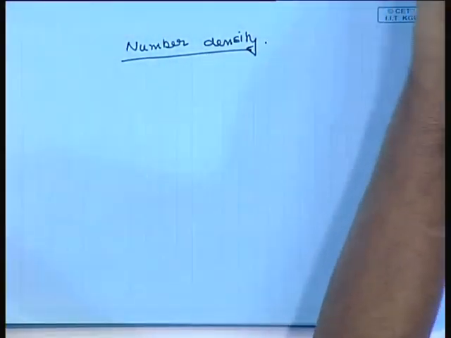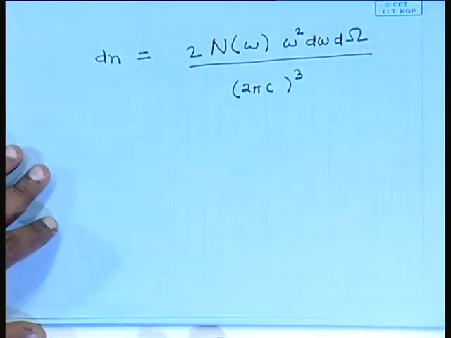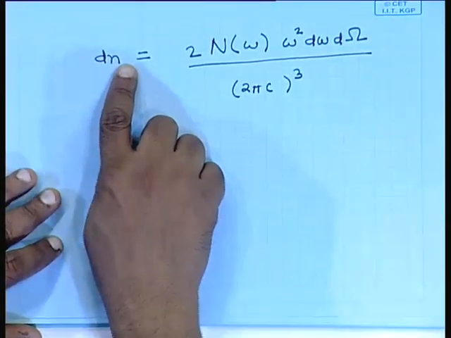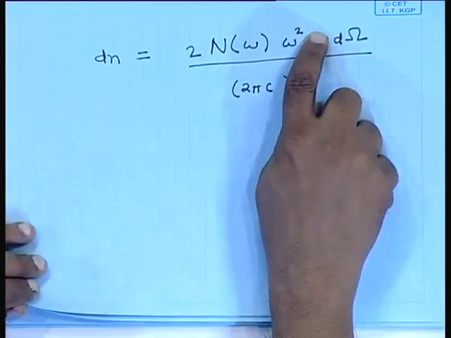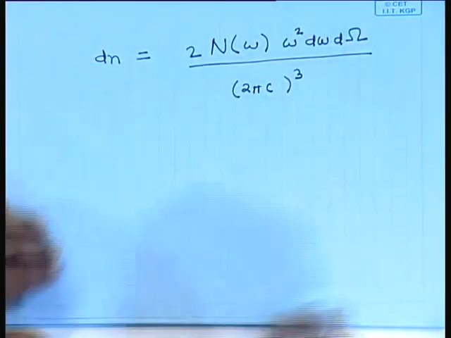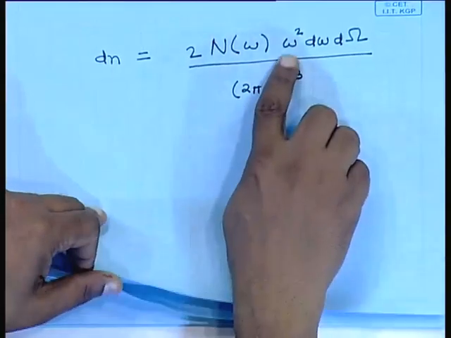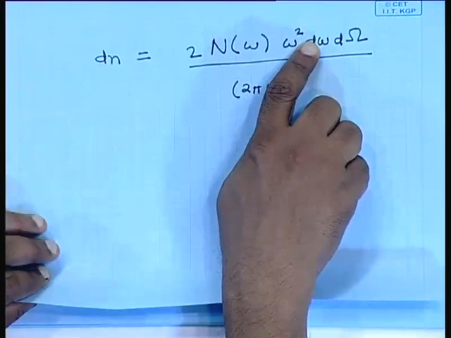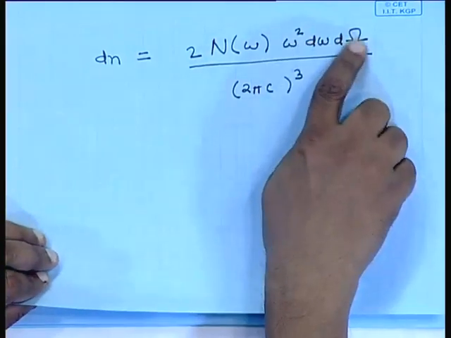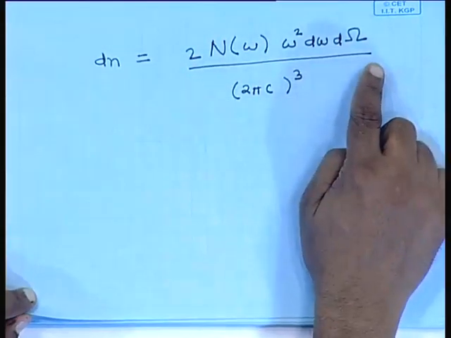I have this expression for the number density of particles with angular frequency d omega moving in the solid angle capital D omega. Now if I want to calculate the total number density of photons, I am not interested in the angular frequency information, neither am I interested in the solid angle information. So I have to integrate over all of these.